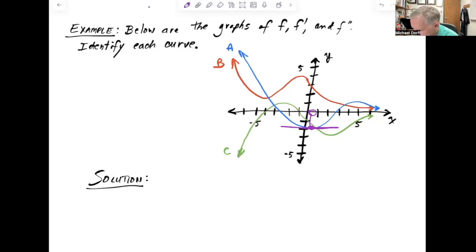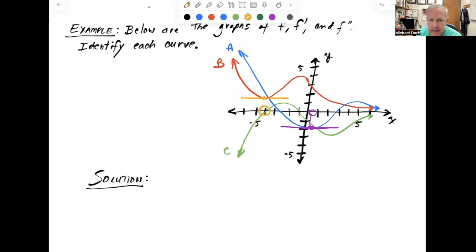Let's look at B. Let me take a different color here, orange. For the graph of B, where does it have a valley and a hill? Right at this point here, if I draw the tangent line in orange, the slope of the tangent line is 0, so the derivative should be 0. That matches up with where the green line crosses.